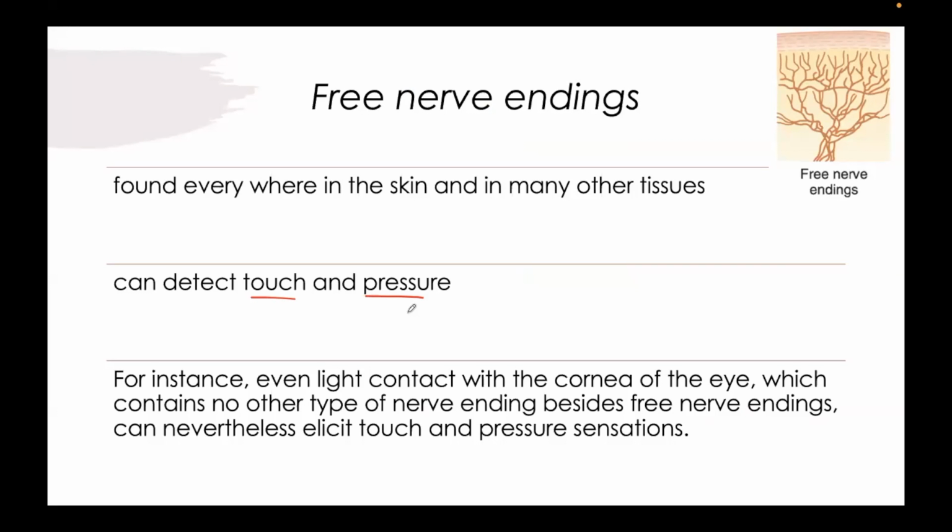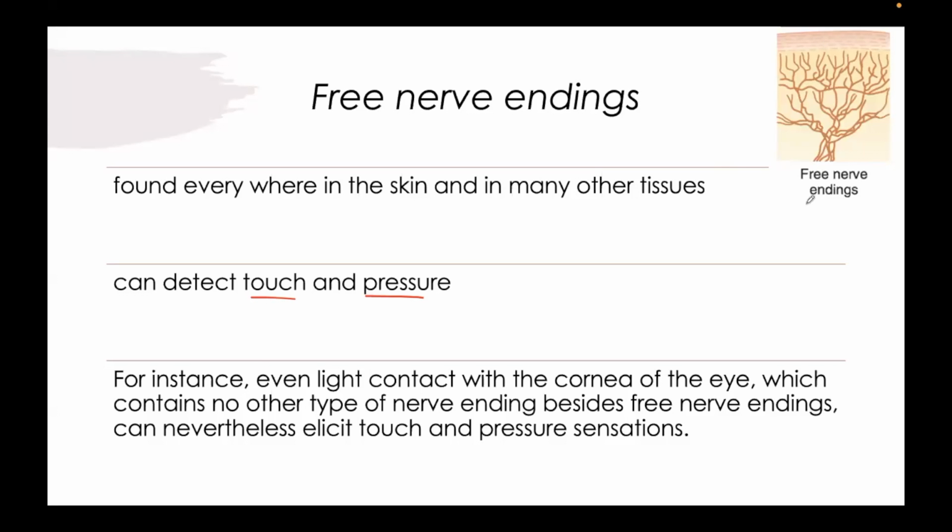Even light contact with the cornea of the eye can elicit touch and pressure sensations, even if the cornea does not have any other type of nerve endings except for the free nerve endings. That's one example mentioned in the book.